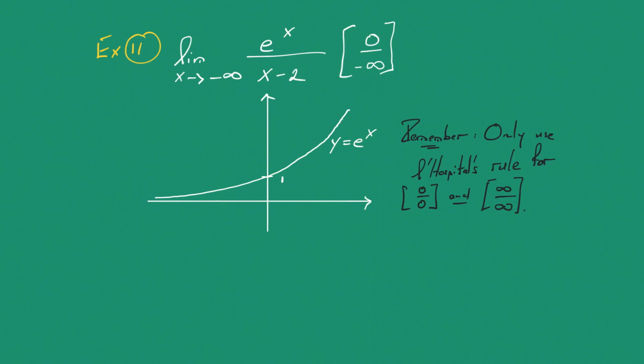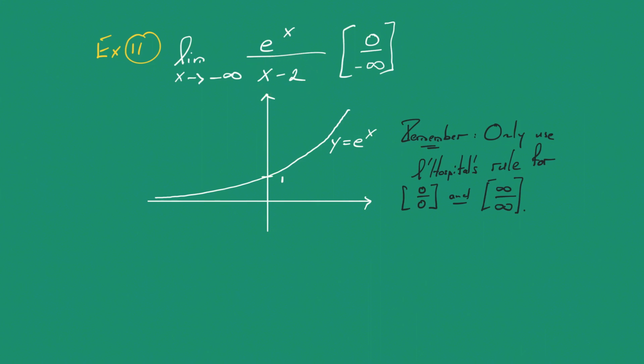Could a limit of this type take multiple values? Well, the answer is no. If you have a limit and the numerator is tending to 0 and the denominator is tending to minus infinity, the limit is always going to be 0. In this particular case, think about it. If x is large and negative, this e to the x is going to be a very, very small positive value, and the denominator is going to be a very, very large negative value.